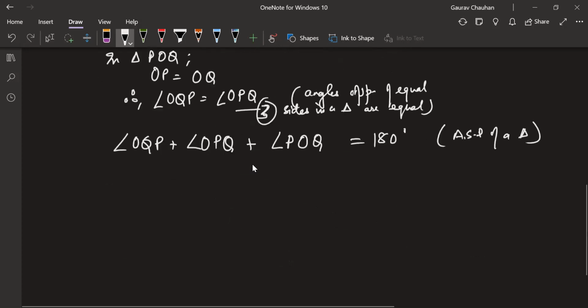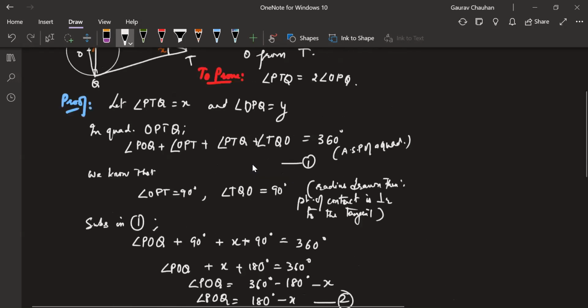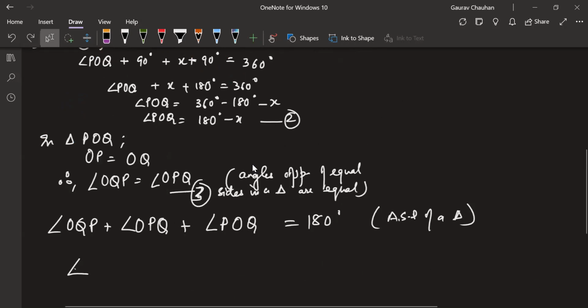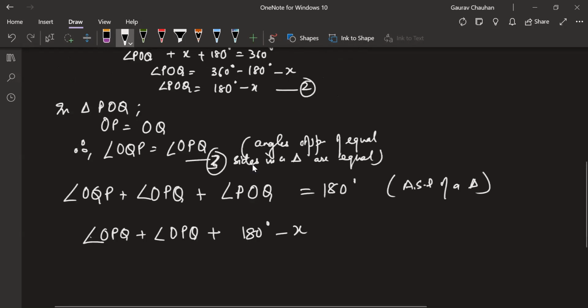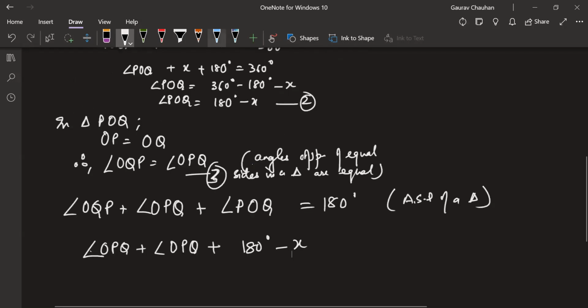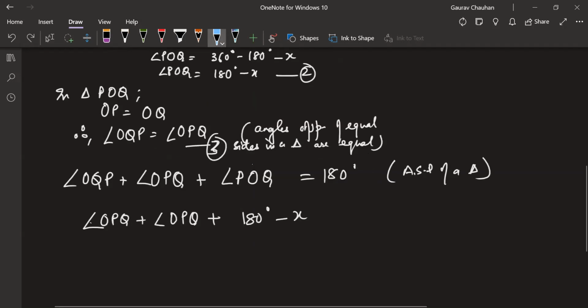From 3 we can write angle OPQ plus angle OPQ plus, from this, 180 degrees minus x. From here, 180 degrees minus x, is equal to 180 degrees.